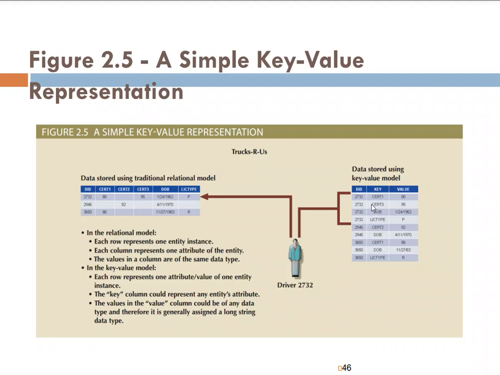Okay, so you can see here 2732 certificate 1, 2732 certificate 2, 2732 date of birth, and then 2732 maybe license identification card type P. Okay, so this is the representation for simple key value representation.